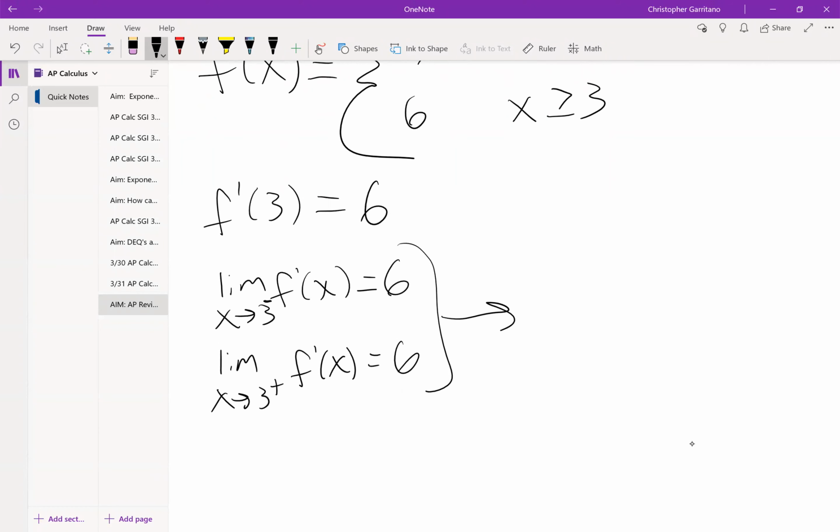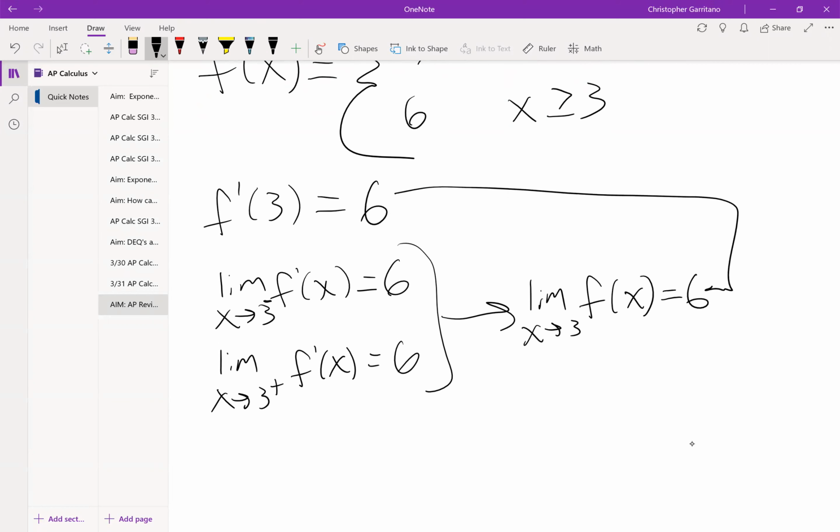Those two limits are the same, so the left and right-handed limits agree with one another. Therefore, the overall limit is equal to 6, which means that the value of the derivative function at x equals 3 is equal to the limit of the derivative function as x approaches 3. And therefore, the derivative itself is continuous.